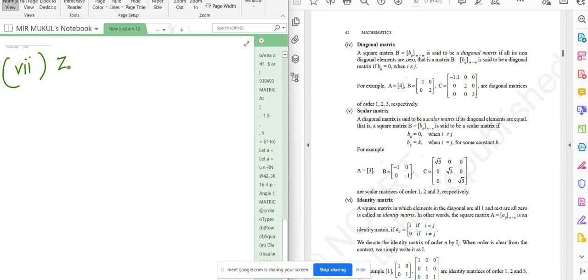Now seventh, zero matrix. From the name you can understand all elements will be 0.